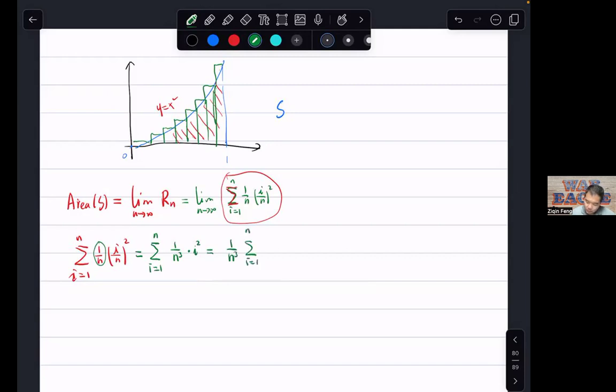We have discussed this finite sum of squares of natural numbers.